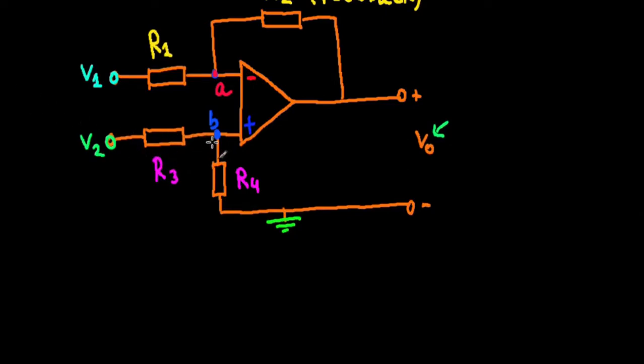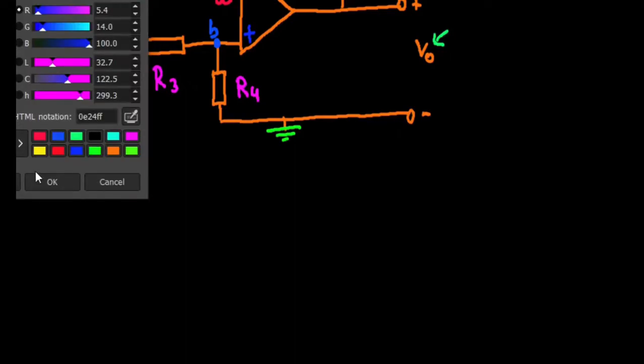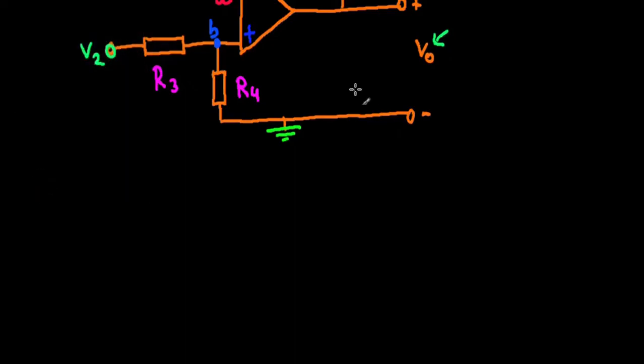So if the voltage of this node is V sub B, all right, what we have is, there's a current here, but that's zero.